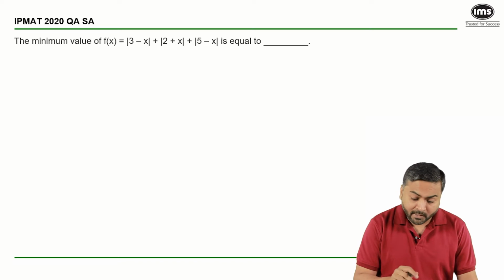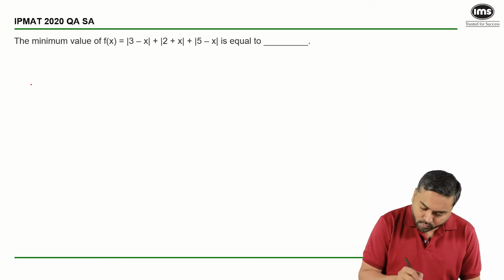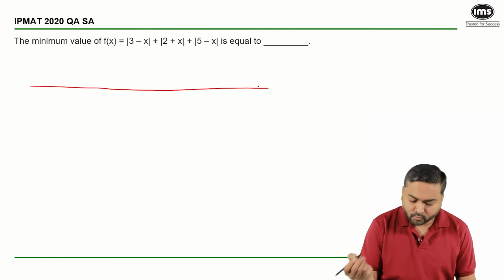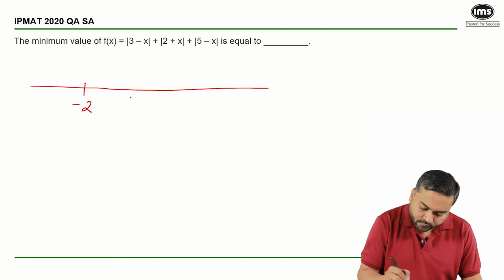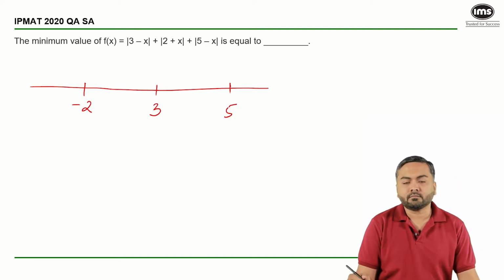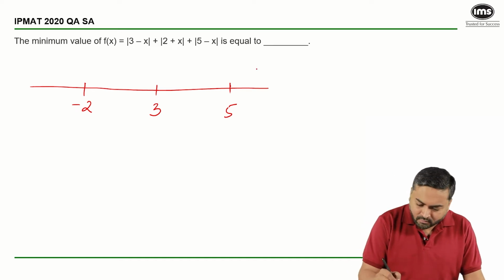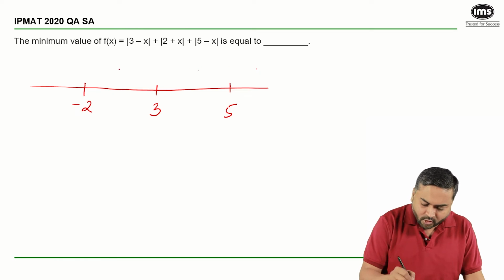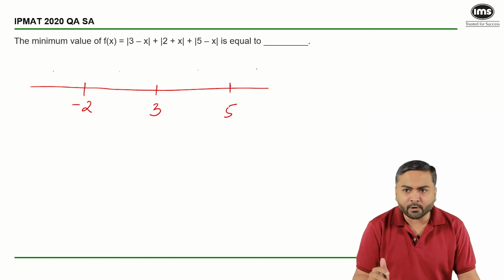So I need to find out the minimum value of the given expression. If I look at the critical points, they are minus 2, 3 and 5. Now what we can do is find the value for each region, first, second, third and fourth region, and see where we get the minimum value.